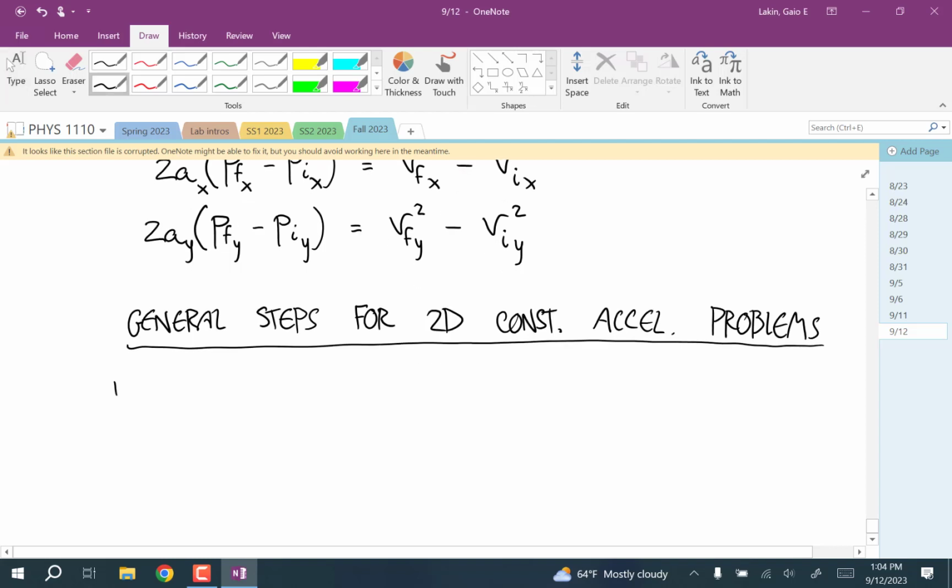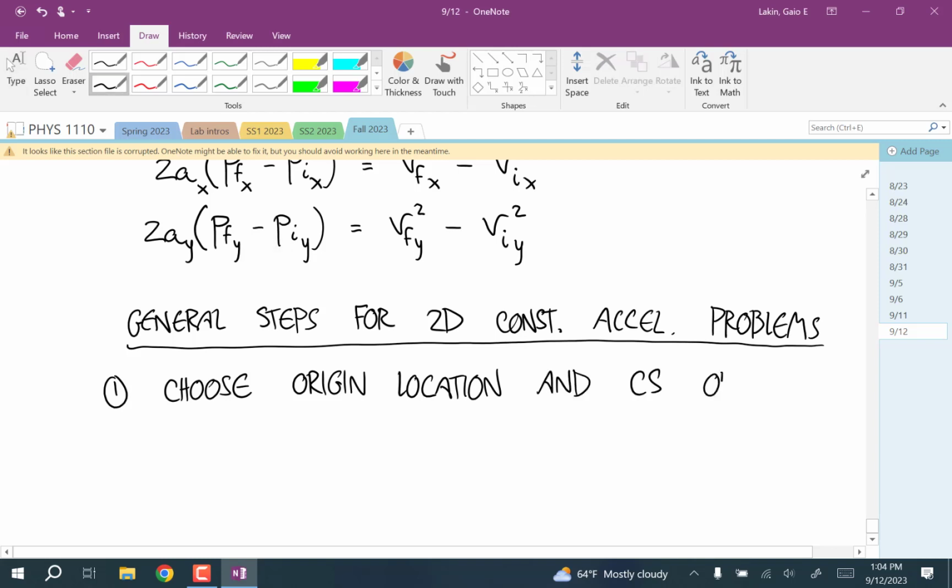So the first one is you have to choose an origin location and a coordinate system orientation. And then you have to choose an instant for time equals 0 and an instant for time final.